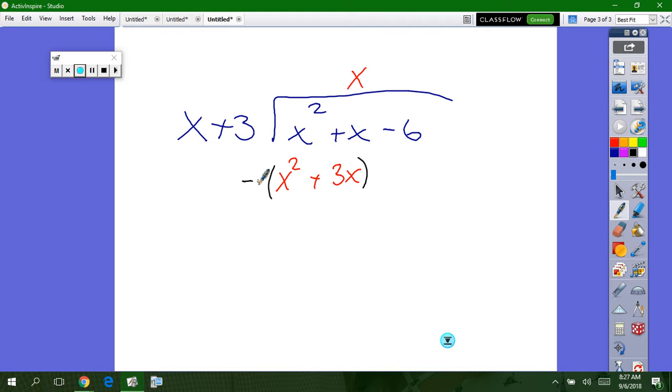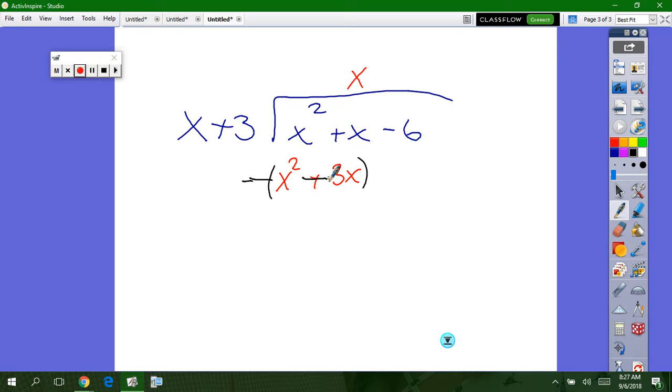So I understand I have to subtract this whole thing, right? Sometimes if I just put the negative here, people say, oh, it's a negative x squared, and they forget to distribute to him. Does that make sense why I put it in parentheses? Basically, every time I do it, I have to negate the signs, don't I? So this is a negative x squared and a negative 3x, correct?